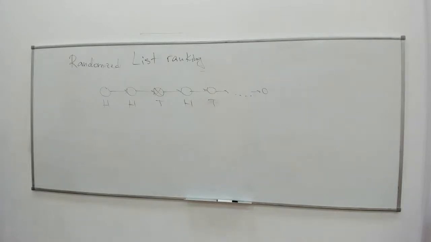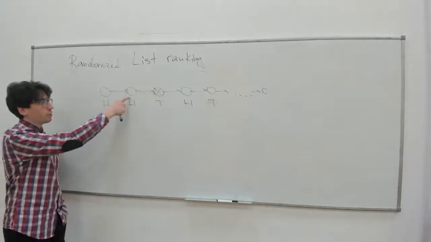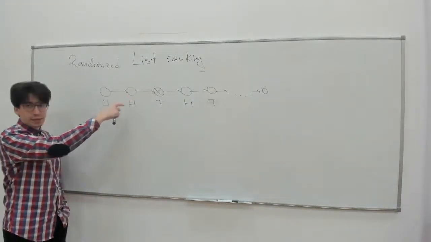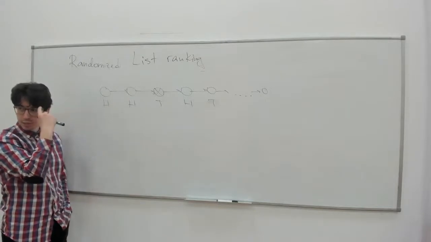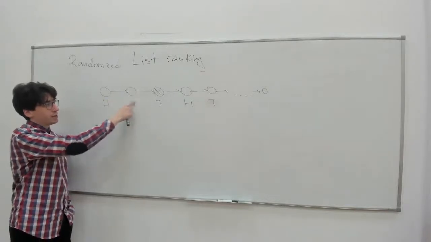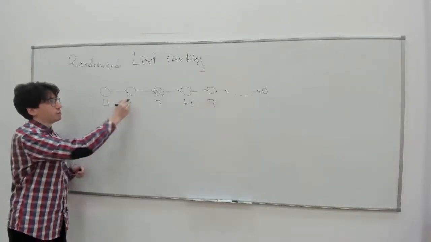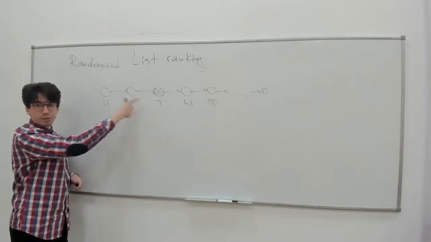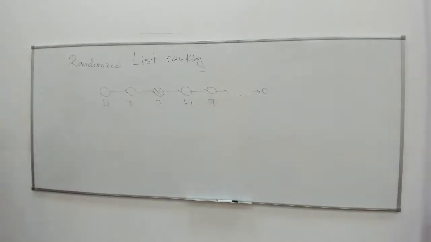For example, you put the ID there, and it returns some random number. I'm pretty sure you understand why two neighbors cannot be extracted at the same time: this element should be tail, and if its neighbor is also tail, then the neighbor is not head. So we don't care about the previous, but we care about the next.